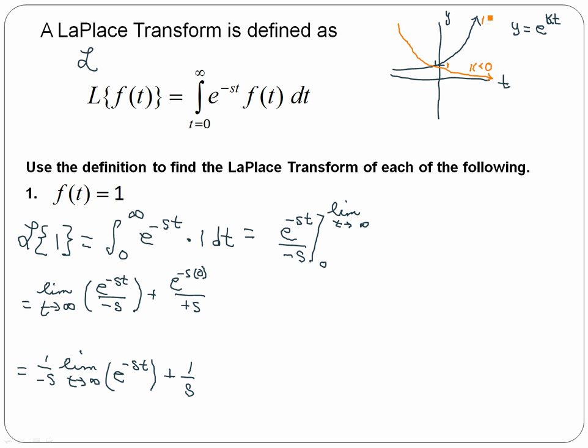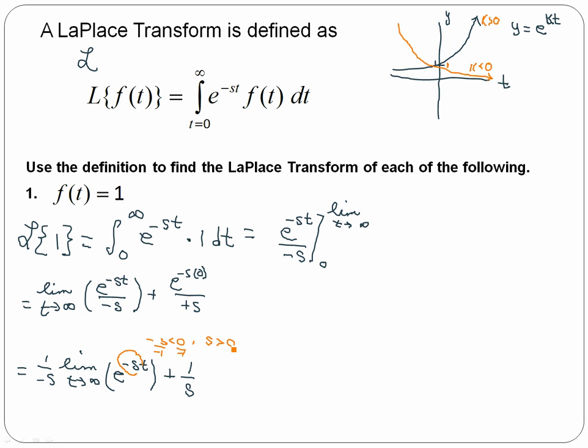In the other case, k is greater than 0, or positive. So to converge, to get this to go to 0, I need k to be less than 0. In this case, our k is negative s. So I want negative s to be less than 0. If you divide by negative 1, that tells you that s has to be greater than 0. When you divide both sides of an inequality by a negative, you reverse the direction of the inequality symbol.